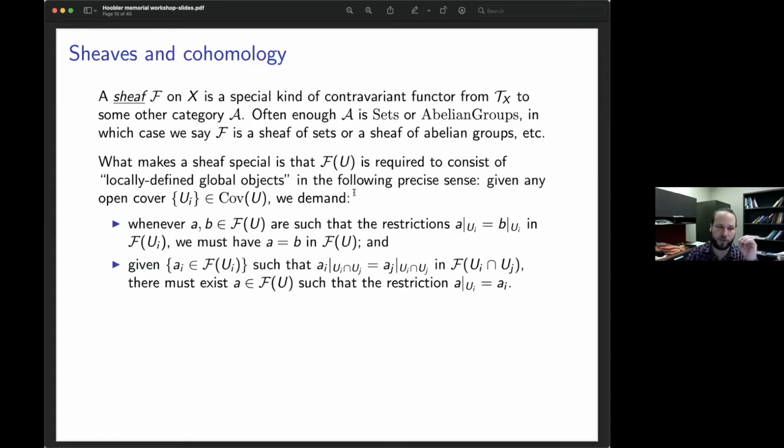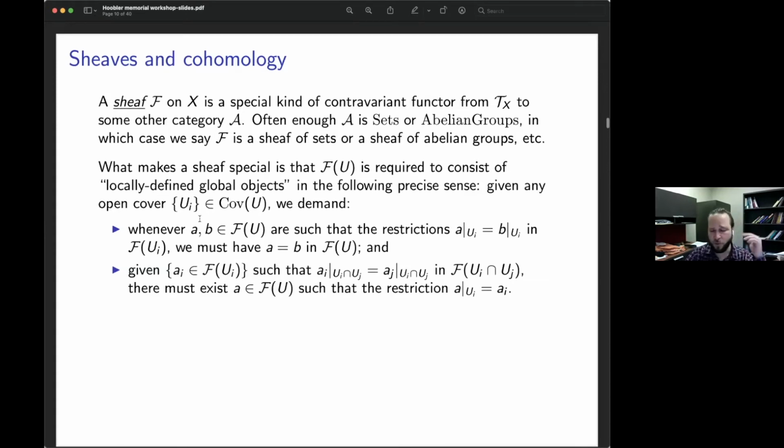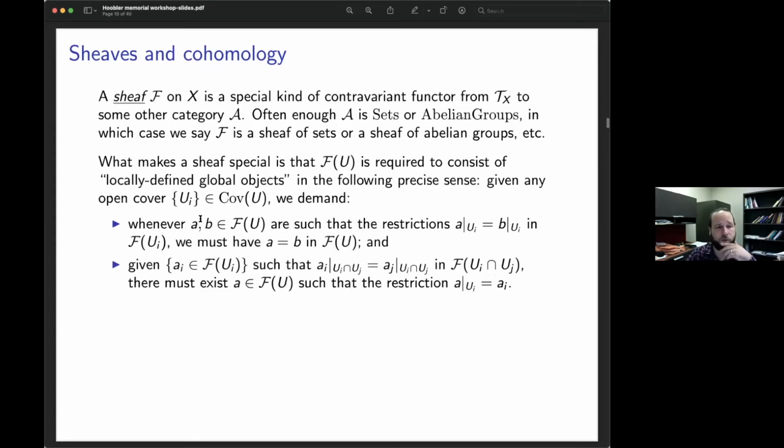Concretely, I mean the following two things. If I give you two elements of F of U, I can tell whether or not they're equal by restricting them to some arbitrary open cover of that U. Okay, so this is a sense in which the global objects are locally determined. I can tell by just looking inside of small open neighborhoods.